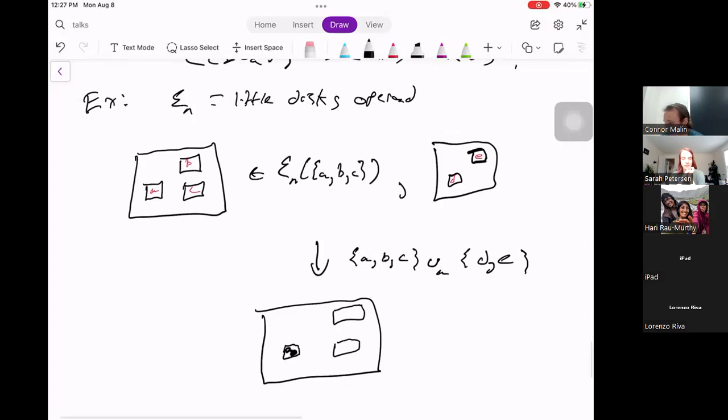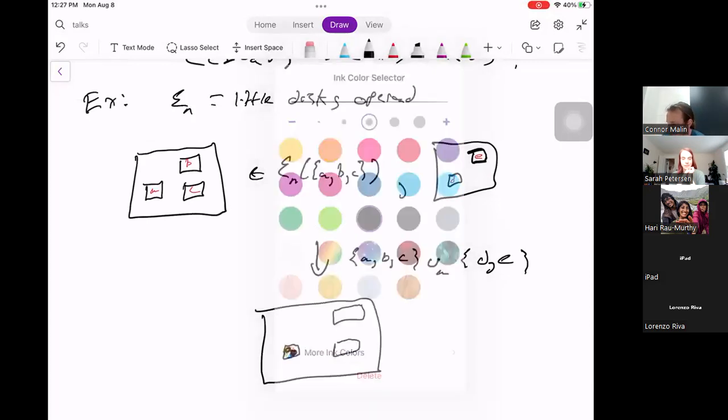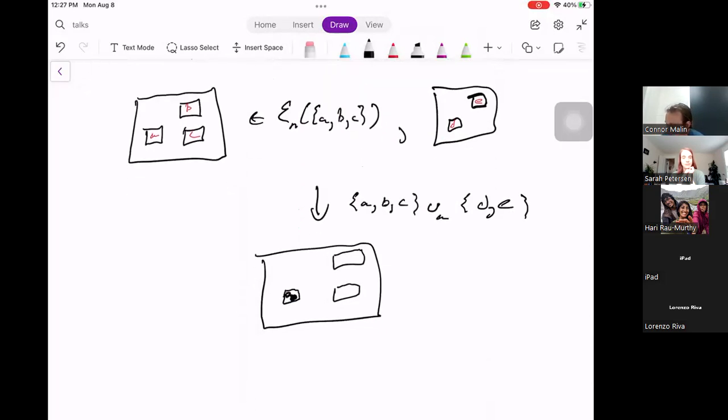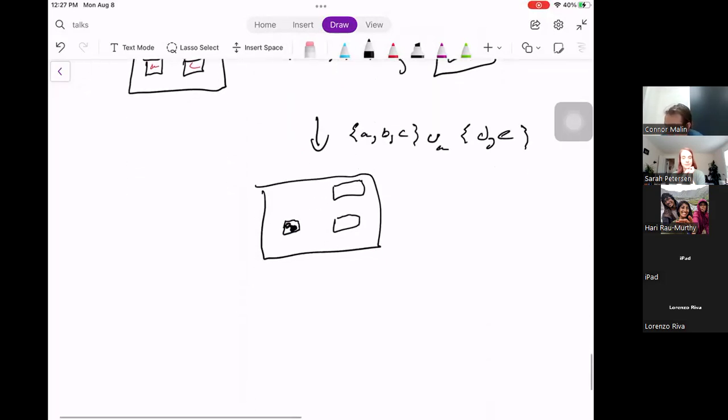So the little disks operad is one of the most famous operads. There's another operad which is called the Fulton-MacPherson operad. So the operad F_n of I is defined to be a certain compactification of the following. It's probably easiest for me to just draw you a specific point.